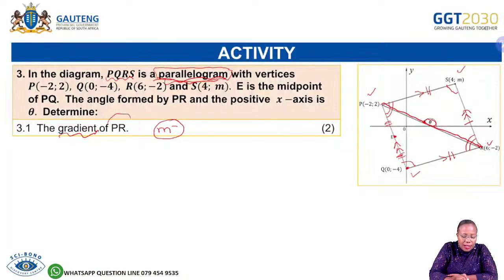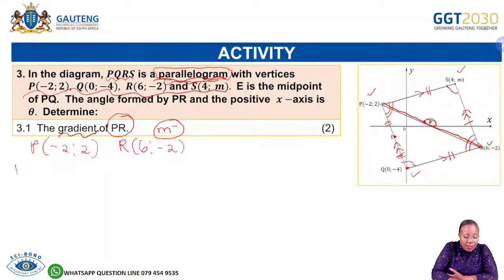Now we are looking at the gradient of PR. Remember, the tip is to take out the coordinates that you are going to use to avoid mistakes, because you have plenty of them there and you will end up selecting the wrong ones. So now we need P, which is minus 2 and 2. We need R, which is 6 and minus 2.